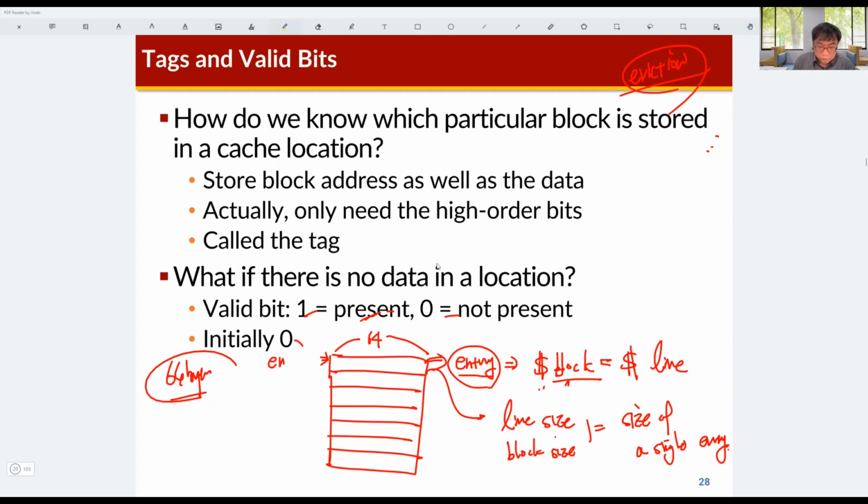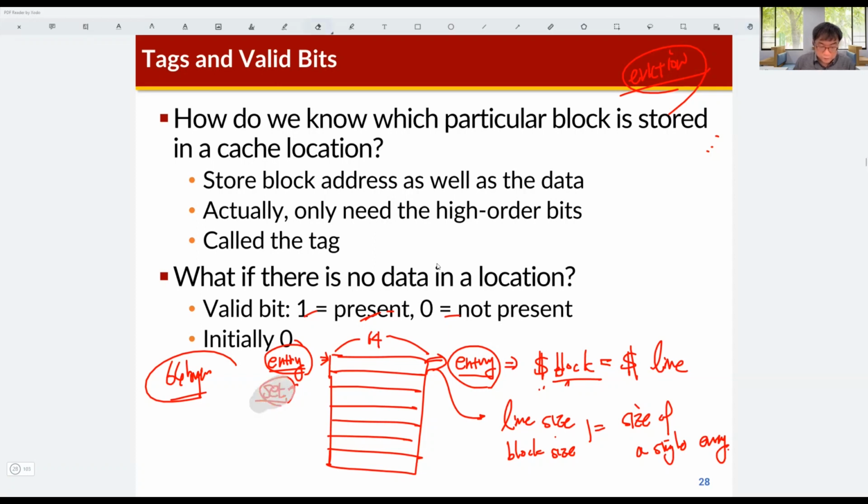This is called the entry, or this is called the set. In a direct mapped cache, the set is equivalent to the entry. So just ignore the set now, because I will explain the set associative cache and fully associative cache later.